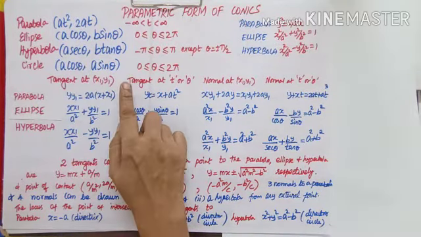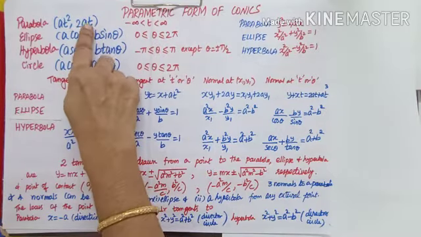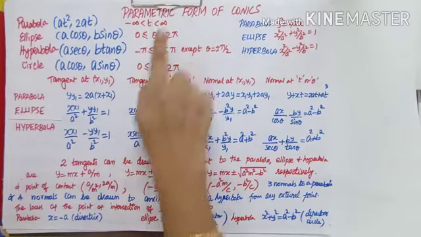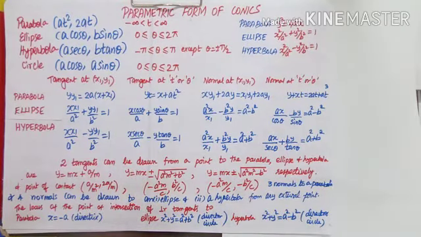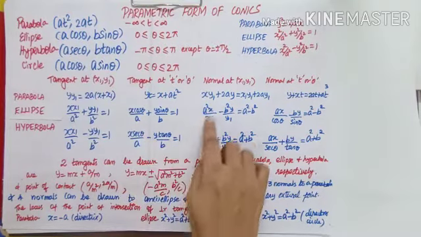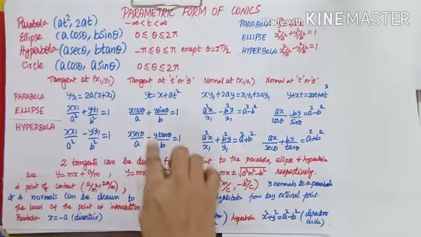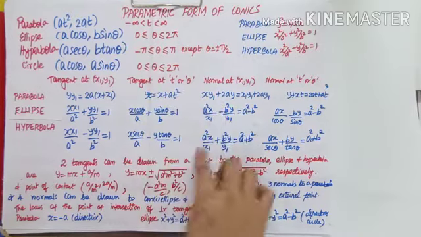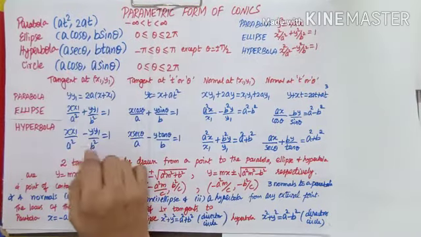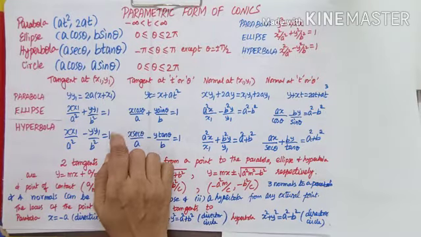Moreover, we must know the parameter t can be any real number from minus infinity to plus infinity. Theta, when I say it is a complete rotation, 0 to 360 degrees, one complete cycle, so 0 to 2 pi for theta. The same is with the circle also.